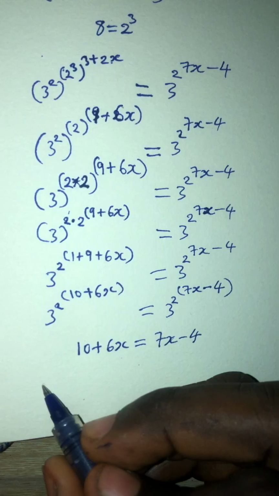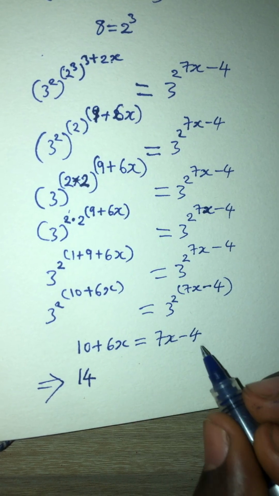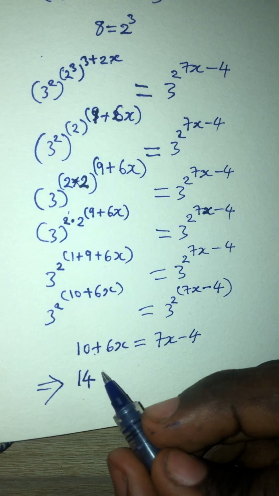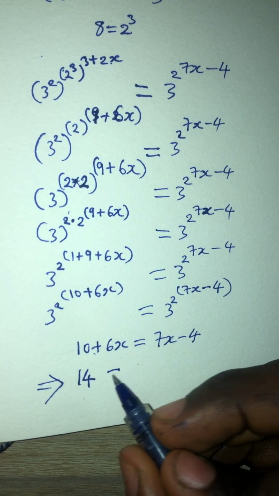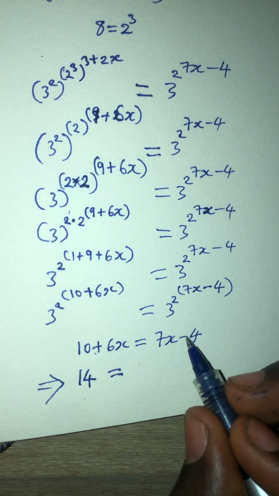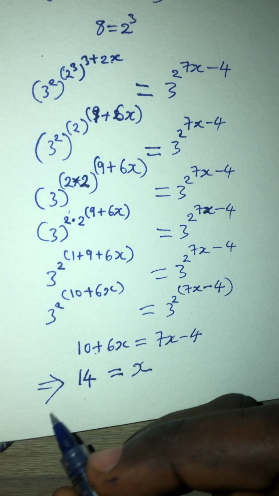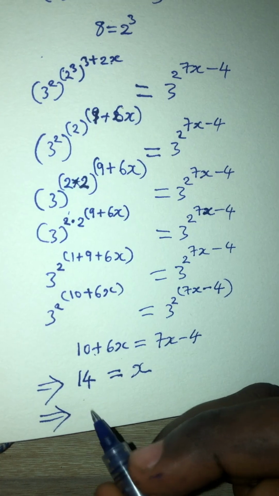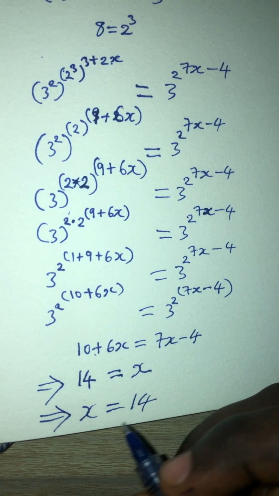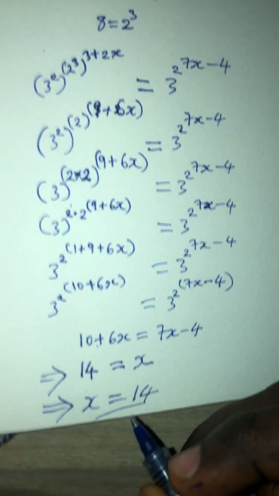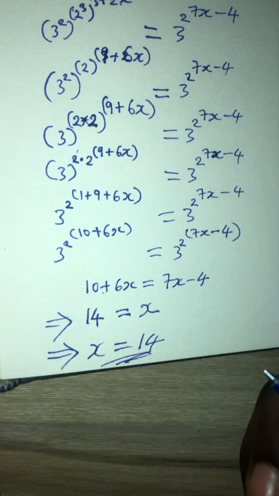And this implies that 14, because you take this one, cross it over here, that is 14, is equal to, you take this one and cross over here to be x. So that is to say x is equal to 14. That's the final answer. x is equal to 14.